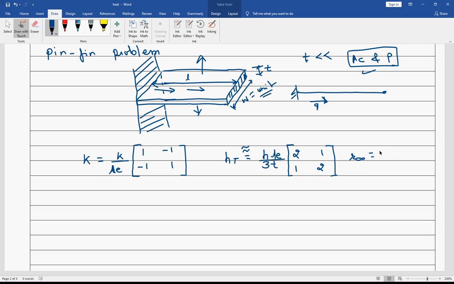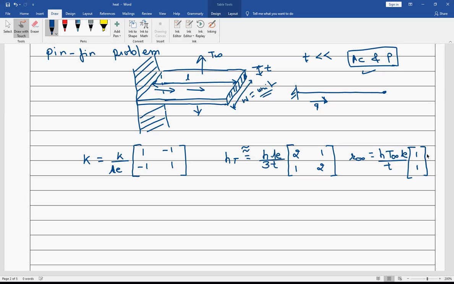R ambient is equal to H into, so this is the load basically applied by the atmosphere. So atmosphere T ambient is there, acting as a load onto this fin. Therefore the convective load we have to add, and that will be H into T ambient into LE by T, [1, 1], just like a self weight.